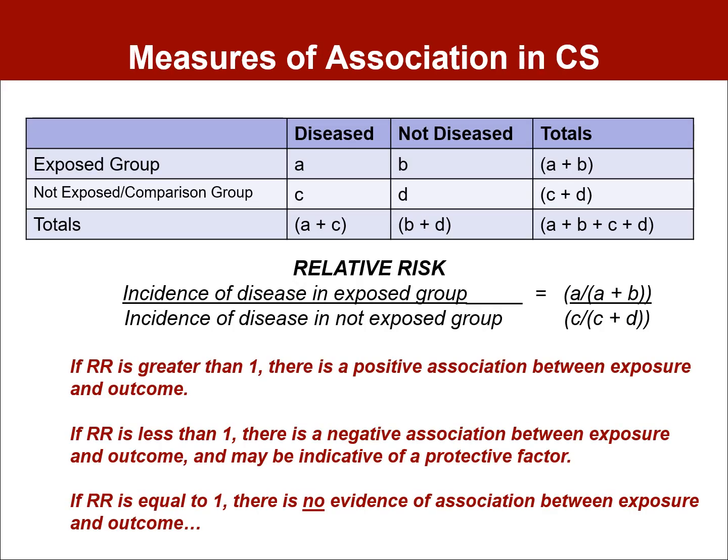In terms of the measure of association, we can measure a relative measure and an absolute measure. Remember the relative measures, we have odds ratio and relative risk, but specific to cohort studies we tend to use relative risk. That's not to say that the odds ratio cannot be estimated in a cohort study.